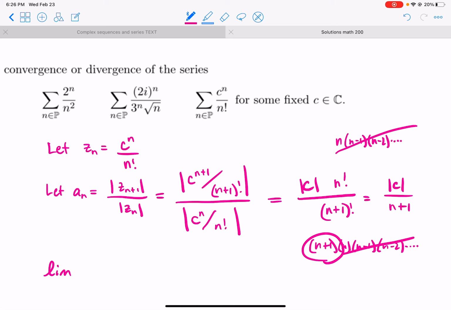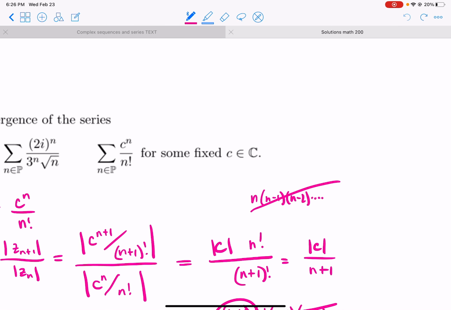The limit of the a sub n's as n goes to infinity will be what? Well, the absolute value of a complex number, whatever complex number it is, let's imagine it's here. What's the absolute value of it?